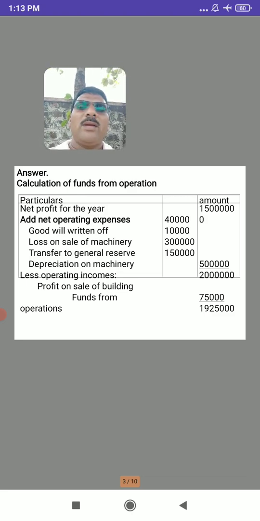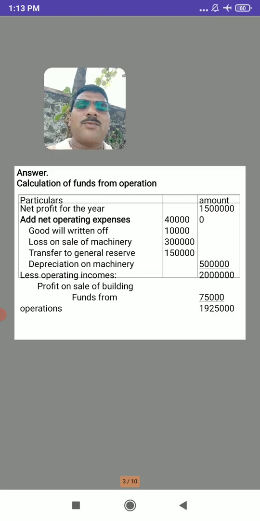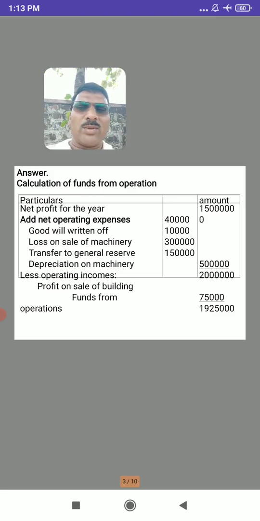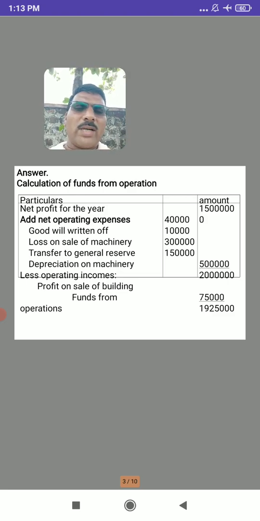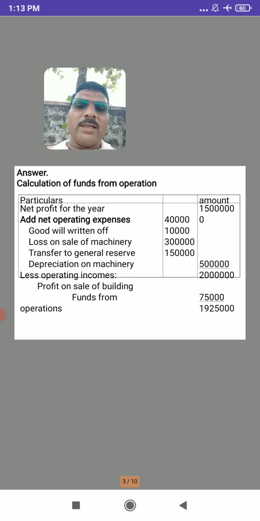This is for 5 marks, and this is the easiest method to calculate funds from operations. Finally we got 19,25,000 as funds from operation by deducting rupees 75,000, the profit on sale of building, from the 20 lakh total.